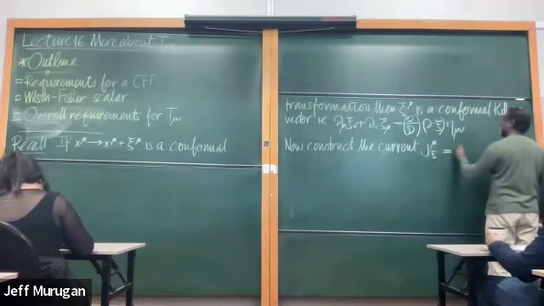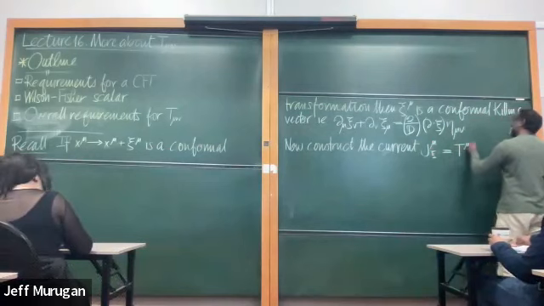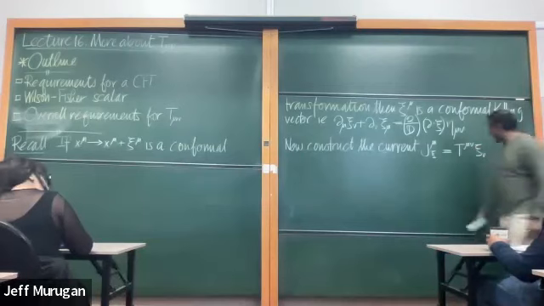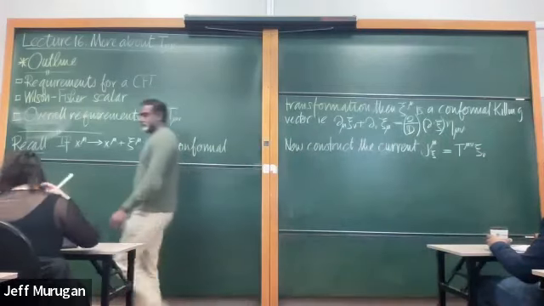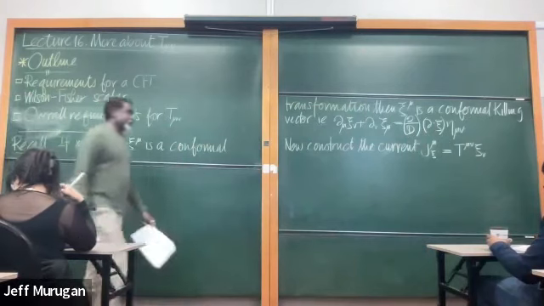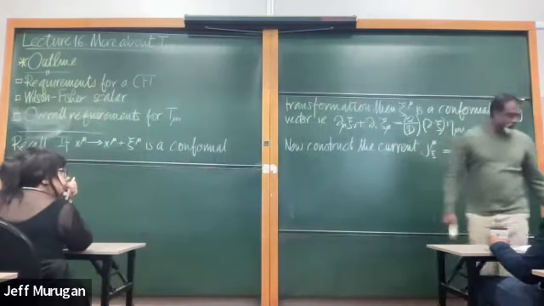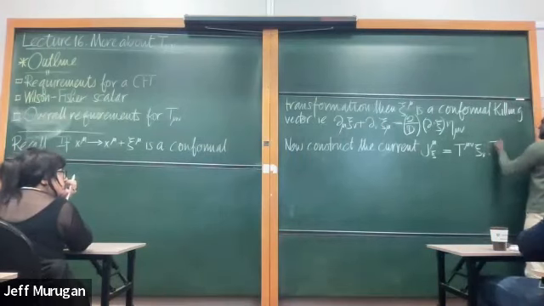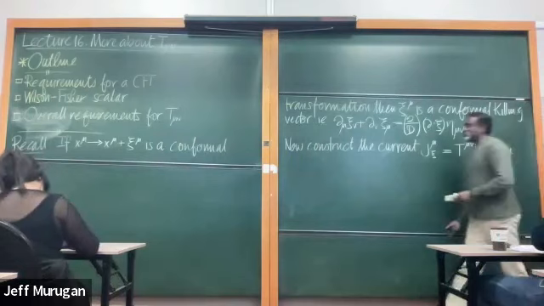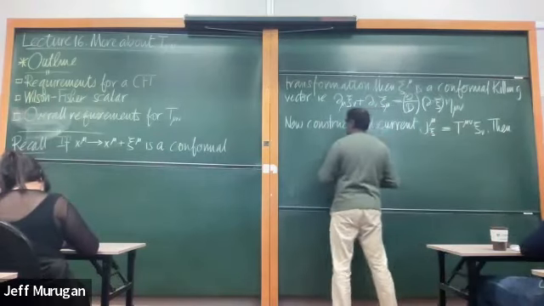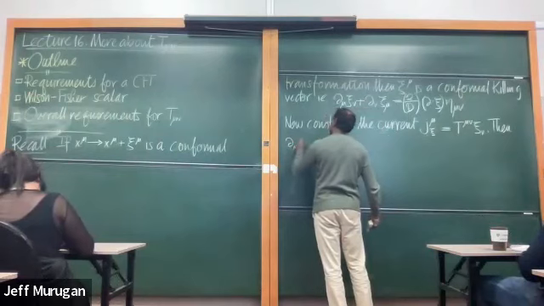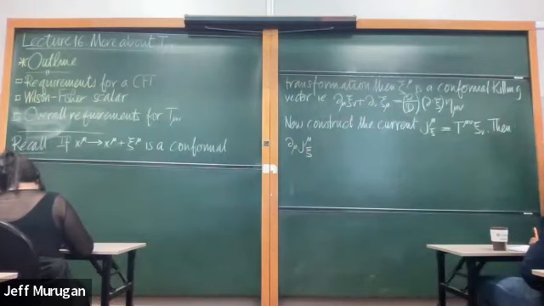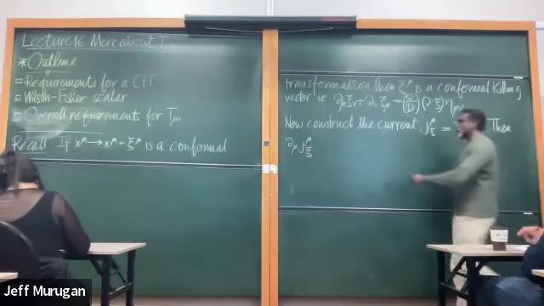This is what I get if I take T_μν and contract it with ψ^ν. Then my claim was that this is conserved. In other words, it's divergence free. Another condition on the energy momentum tensor holds. That's one set of conditions.